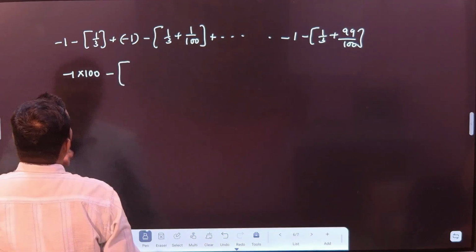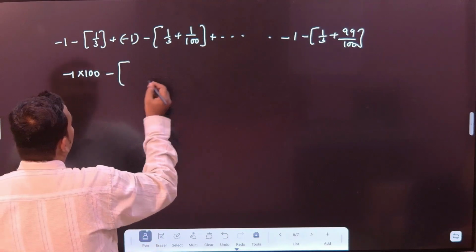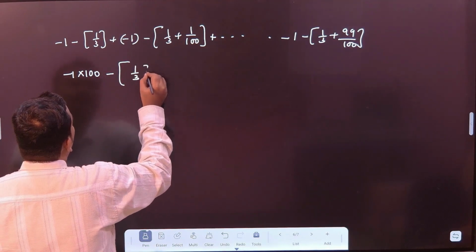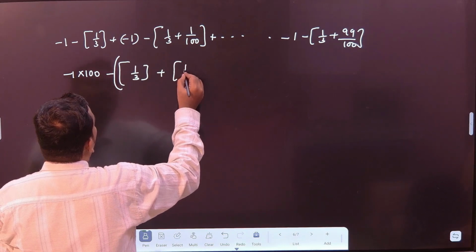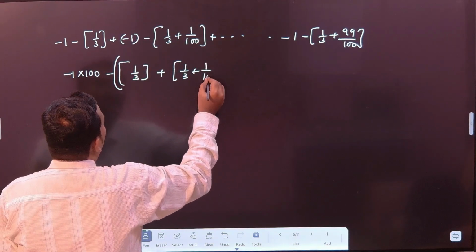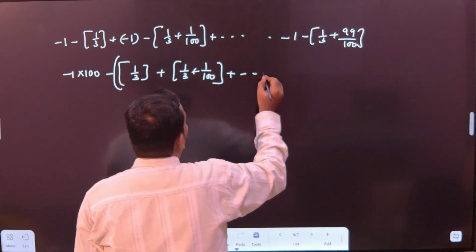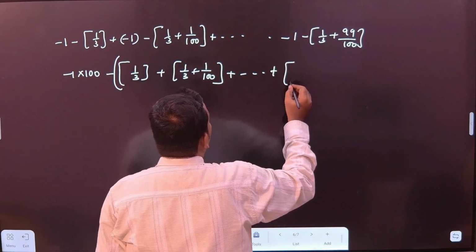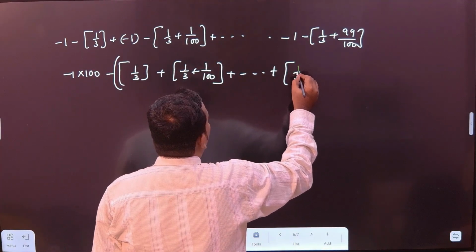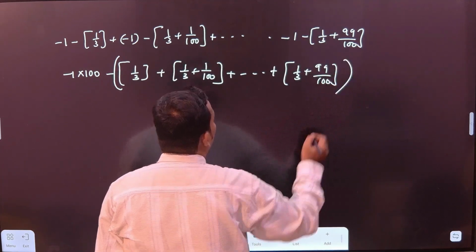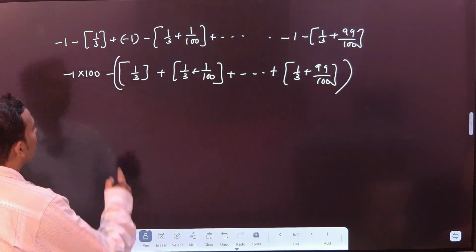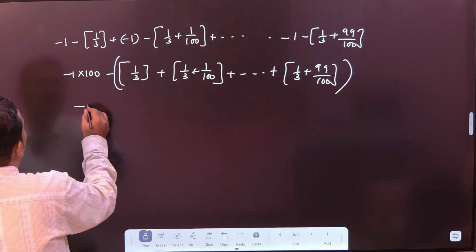Minus, you can take minus out from the second term: the greatest integer function of 1 by 3, plus the greatest integer function of 1 by 3 plus 1 by 100, plus so on, plus 1 by 3 plus 99 by 100. Okay, so now minus 1 into 100 minus 100.